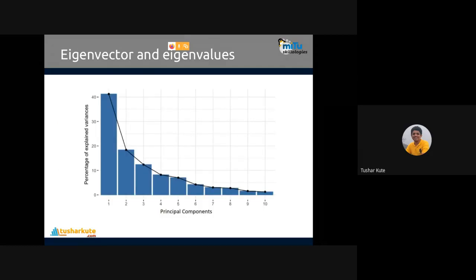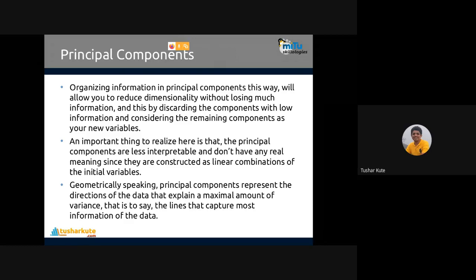First component has the maximum variance, the maximum information, then second, third, fourth, fifth, sixth, and so on. In this way, the variance explained by each component is taken. So if you want to use three principal components, I can use the first three; for 4, the first 4; for 10, the first 10, like all. The eigenvectors and eigenvalues provide that.